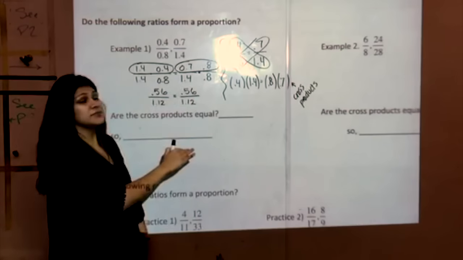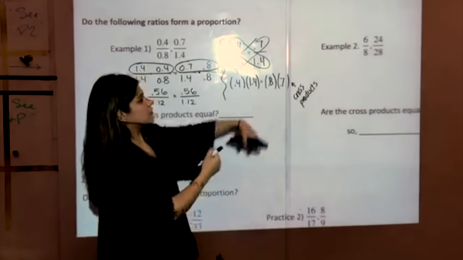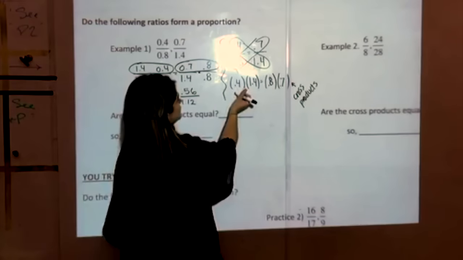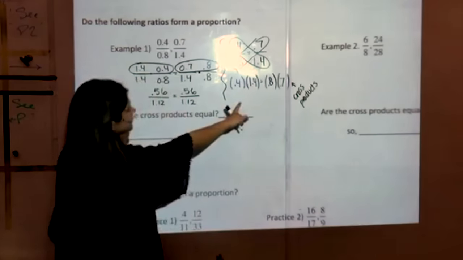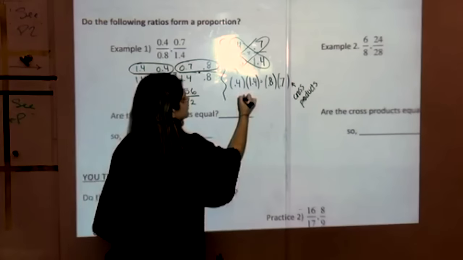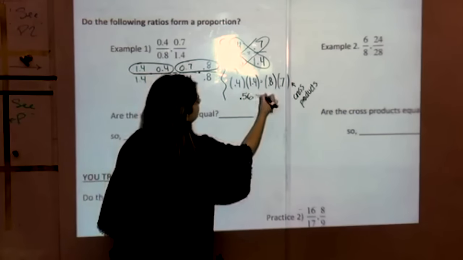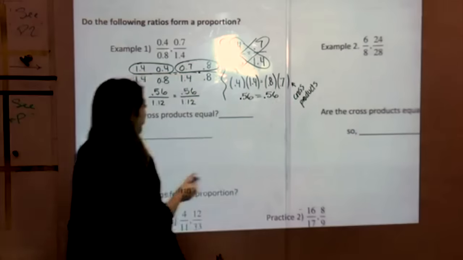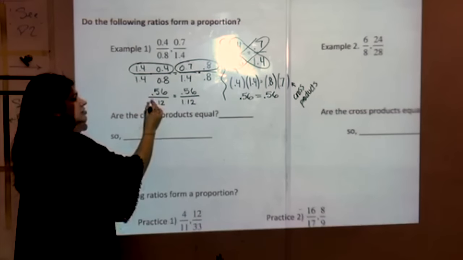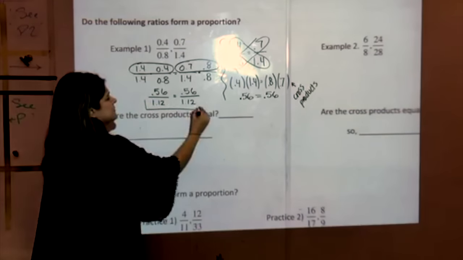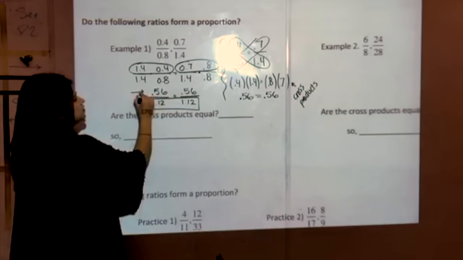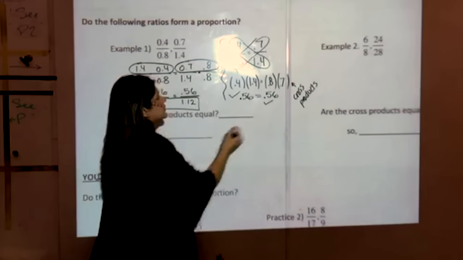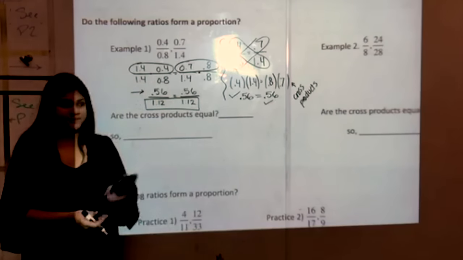We just have to figure out what our numerators will be. So 0.4 times 1.4, we get 0.56. And here we also get 0.56. Notice again, since our denominators are already the same, we just have to make sure that our numerators are also the same. This is why cross multiplication works.